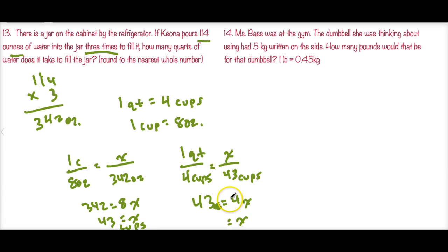Let's just round to the nearest whole number, so that's going to be a lot easier. So it's going to be 10.75 rounded, which will be 11. So 11 quarts will be needed.